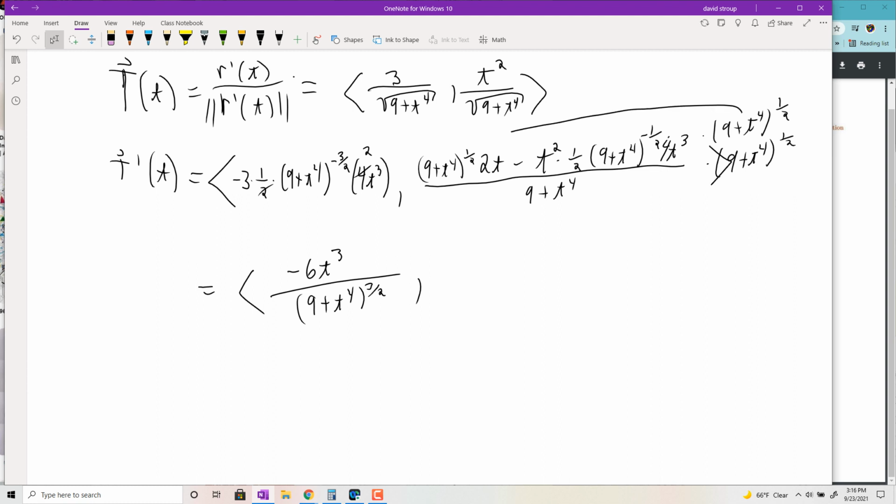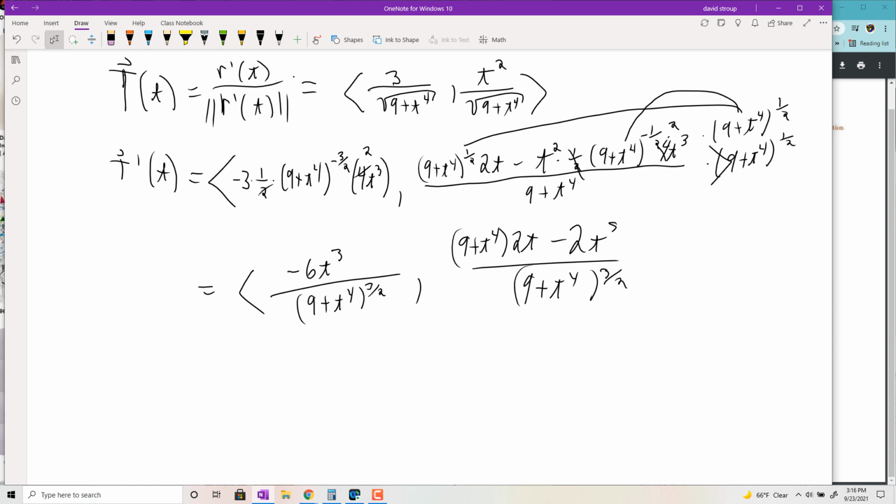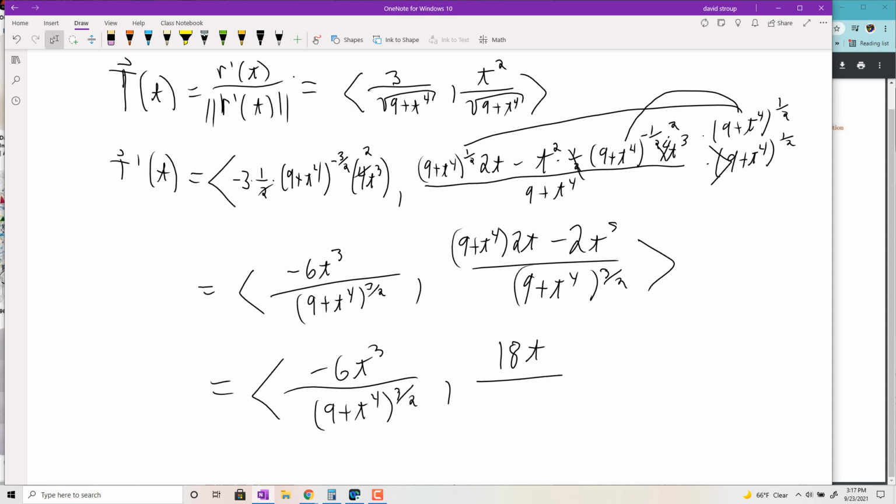So in the top, that will be 9 plus t to the 4th times 2t minus the 9 plus t to the 4th will go away, and you have 1/2 and the 4 is 2, so minus 2t to the 5th all over 9 plus t to the 4th to the 3/2. That will be negative 6t cubed all over 9 plus t to the 4th to the 3/2, comma, and then this will be 18t, and then you got 2t to the 5th minus 2t to the 5th, those will go away.